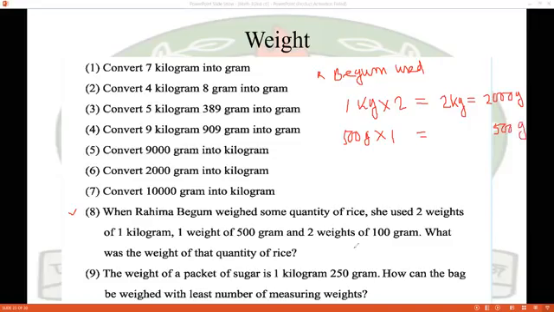Then she used 2 weights of 100 gram. 100 gram into 2 will be 200 gram. When we add it, 0, 0, 5 and 2, it will be 7 and remain 2. 2700 gram.